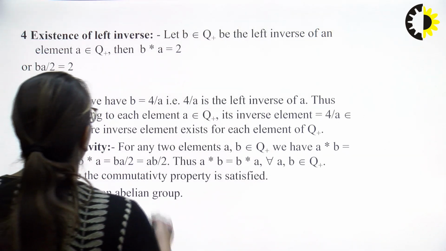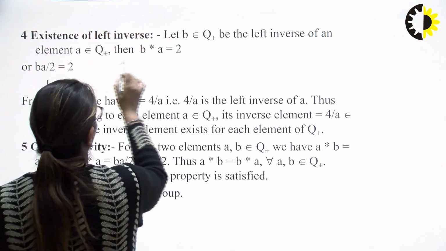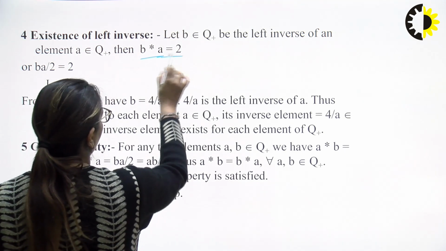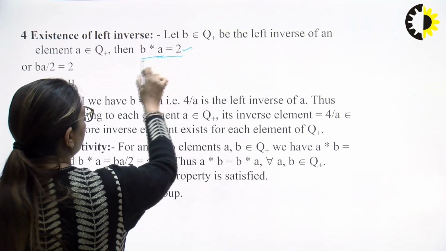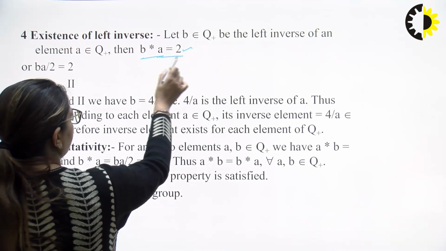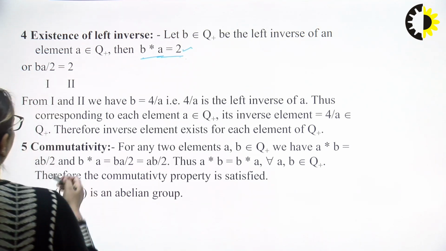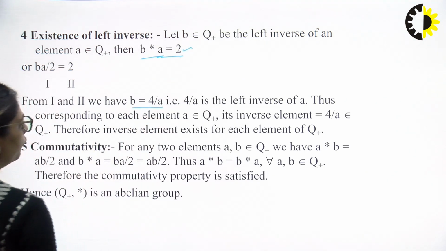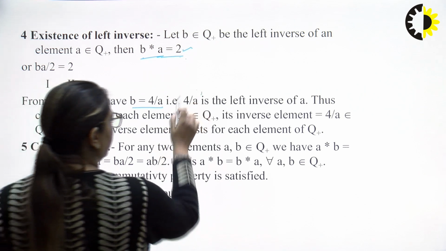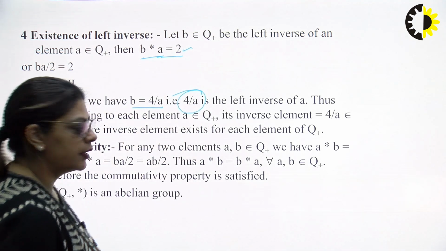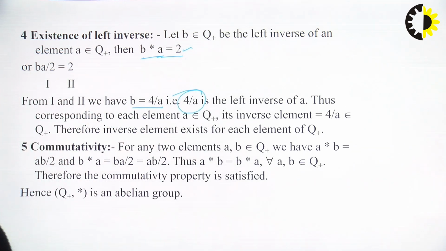Similarly, inverse: A star B is equal to the identity, we have found out 2, so B into A by 2 is equal to 2, then we can find the inverse, that is B is equal to 4 by A, and 4 by A is again a rational number, so it satisfies the inverse property.